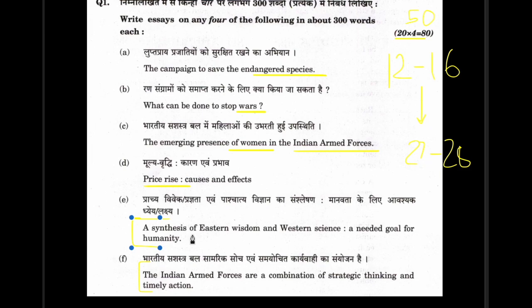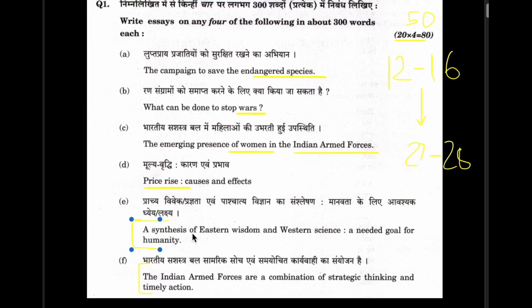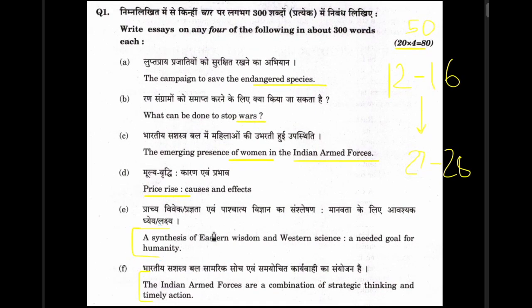This is a very different and very nuanced topic, and it is very hard to score marks in this unless you have the proper content with a proper thought process already made before the exam. You can't sit and think about this and write a good 8 to 10 marker essay in the exam if you don't know this already. So please avoid, if you see such questions, they are a trap, avoid them.